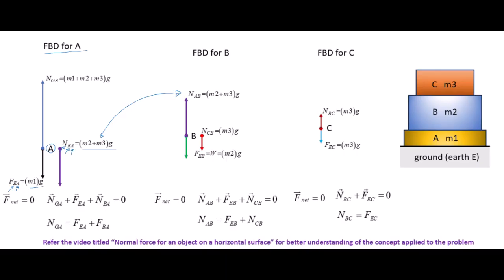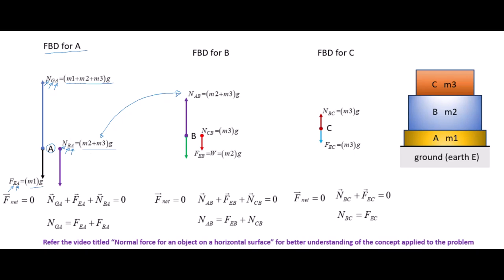And we also know that there has to be an upward force, and that upward force is nothing but the normal force. So there will be a normal force by the ground on the object A. If this object has to be in vertical equilibrium, then that upward force has to be equal to the sum of the downward forces, which is (m1 plus m2 plus m3) times g.